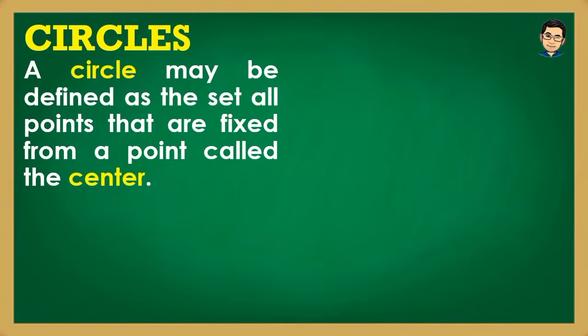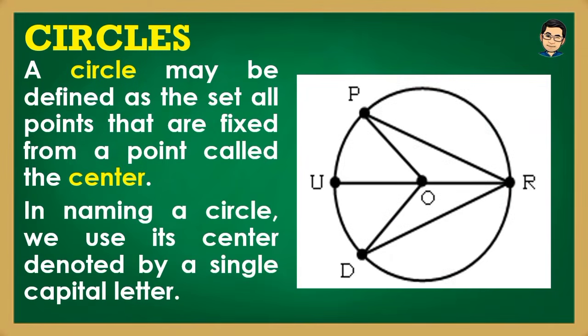So, let's start by defining what is a circle. A circle may be defined as the set of all points that are fixed from a point called center. Madalas kong tanungin yung mga estudyante if a circle is a polygon, and some of them are confused.